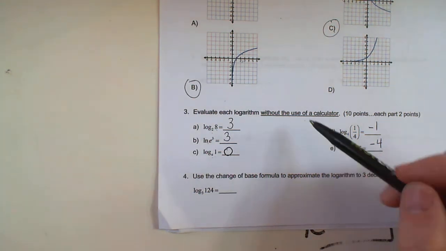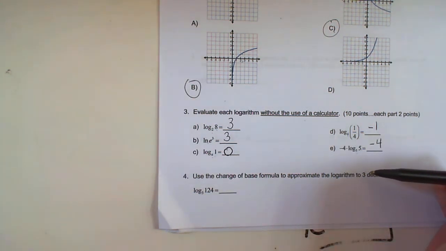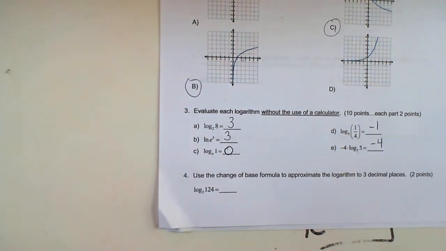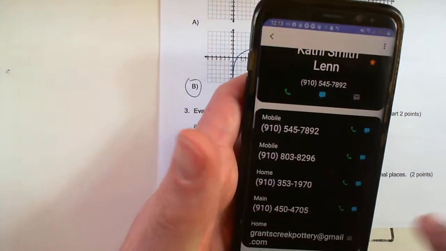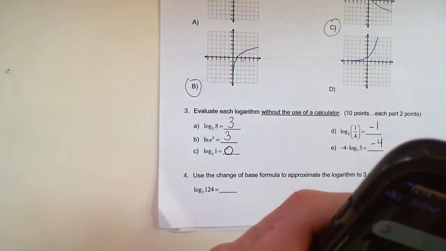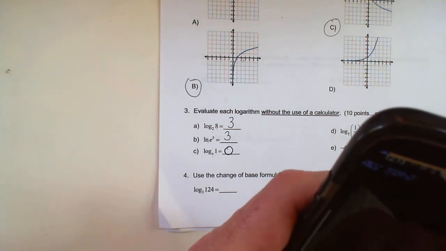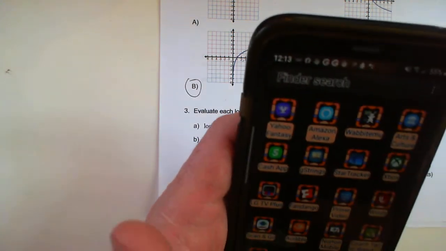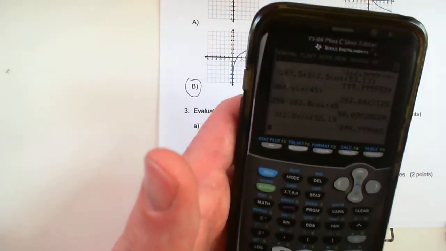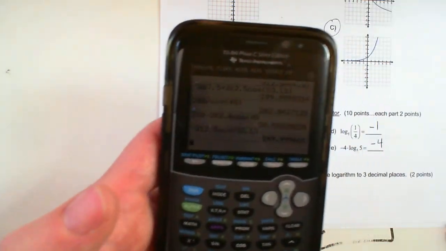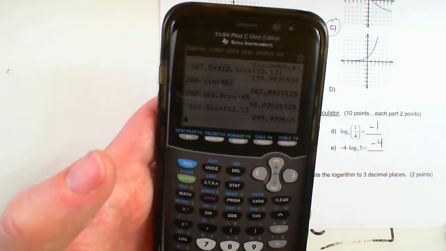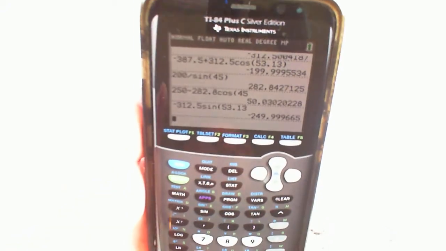It says to use the change of base formula to approximate the logarithm to 3 decimal places. If you have a TI-84 calculator that has the logarithmic feature in it that we talked about in previous examples, then yours can do it.